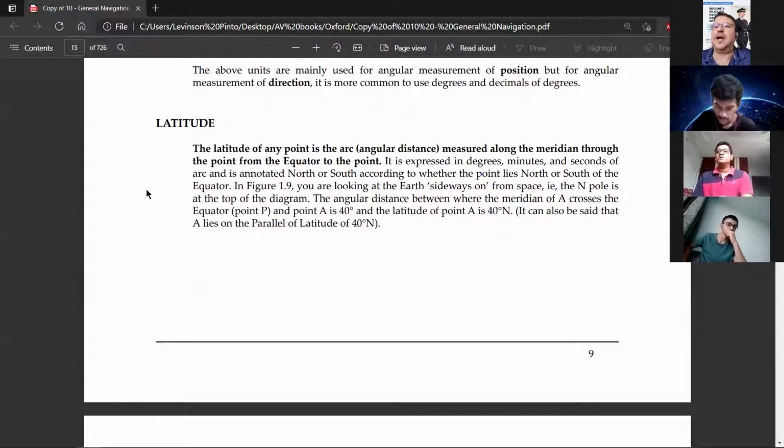So measuring along the meridian through the point of the equator to the point. It is expressed in degrees, minutes, and seconds of arc, and is annotated north or south according to whether the point lies north or south of the equator. In figure 1.8, so please let's go to figure 1.8.